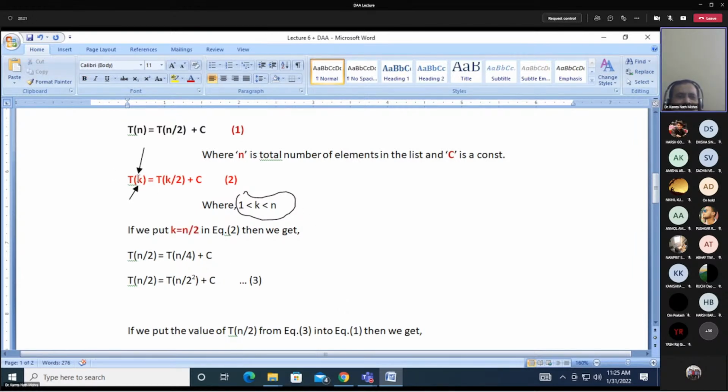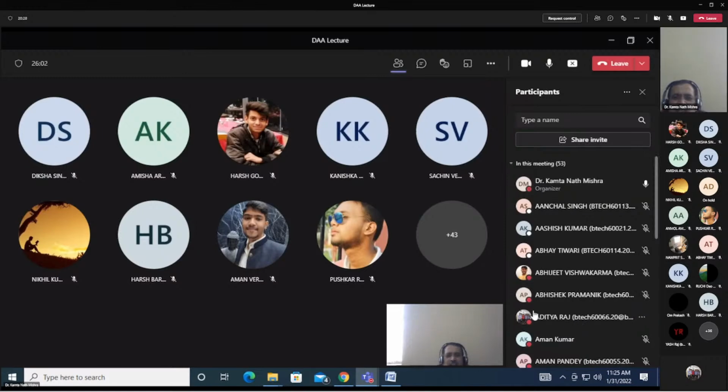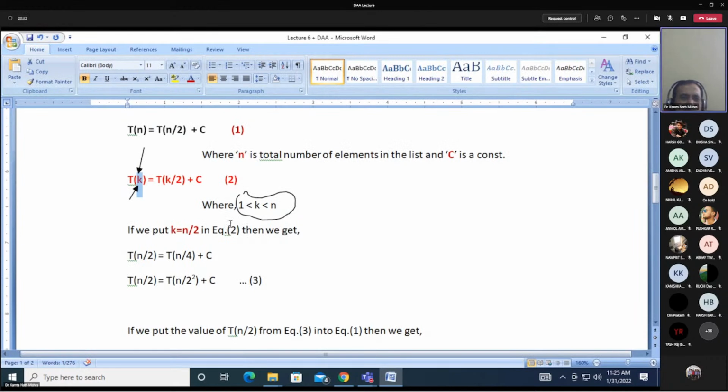If you put it, then T(k) will be how much? Avijit Biswakarma, in equation 2, in place of k, if you write n by 2, then this T(k) will become T(n/2).